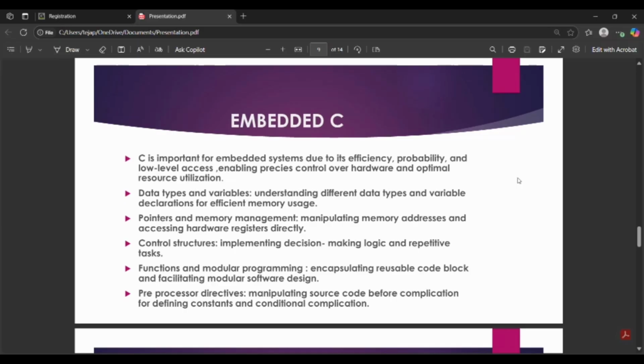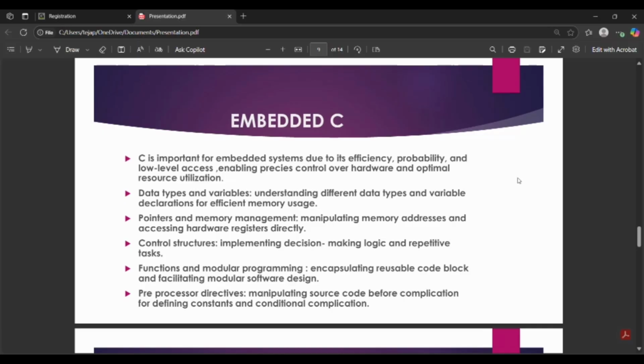C is important for embedded systems due to its efficiency, portability, and low-level access, enabling precise control over hardware and optimal resource utilization. We have to learn C programming first.